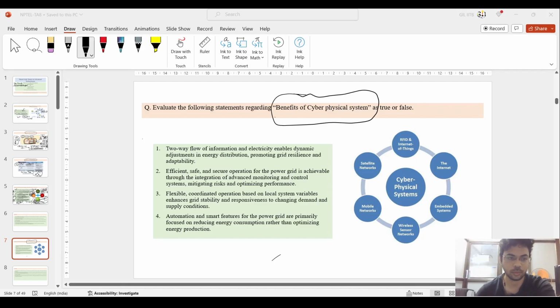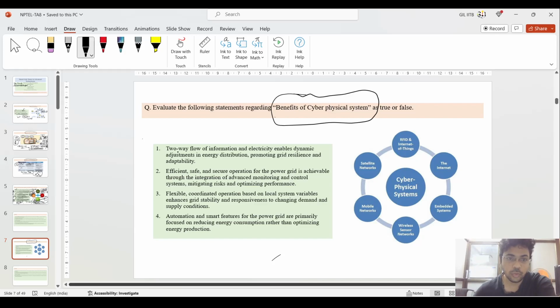Gokul, Shiv, you want to try? Anybody else? Okay, Gokul is saying first three is true and the last is false.